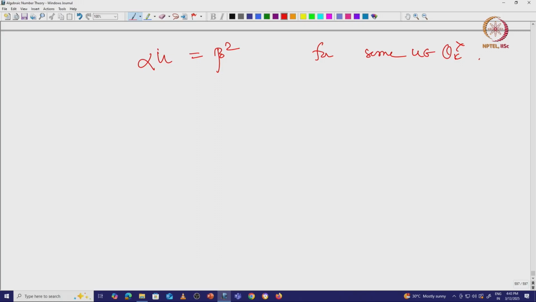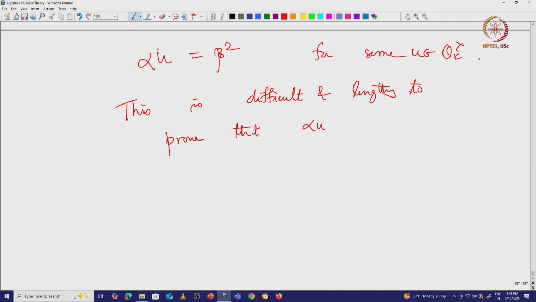Okay, and this is kind of a very involved computation. So, this is difficult to show, difficult and lengthy, and let us not do that here at all. But you just take this as a fact that alpha times u is not equal to beta square for any u in OK cross and beta in OK.